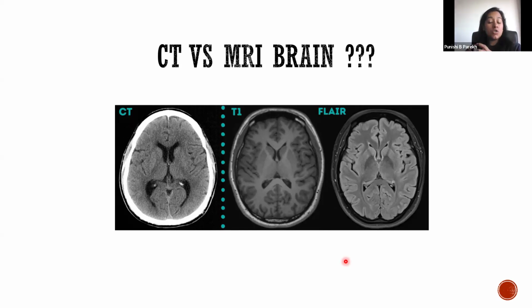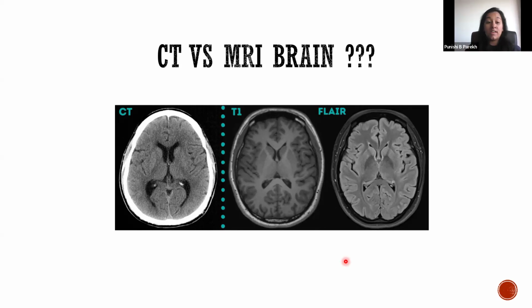If you want to look at soft tissue, brain matter diseases, whether it's multiple sclerosis, the presence of any tumors, cysts, autoimmune conditions, or anything that involves more of the brain matter, then definitely MRI is a better imaging modality. Other than these two differences, we all know that CT is cheaper and takes less time.